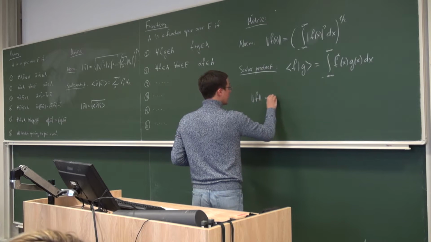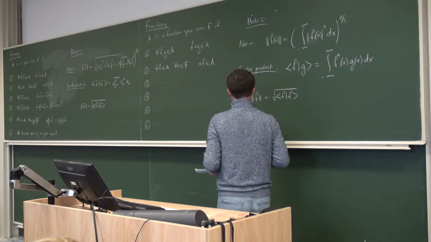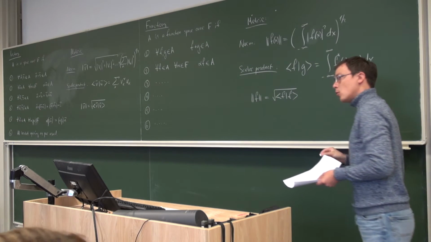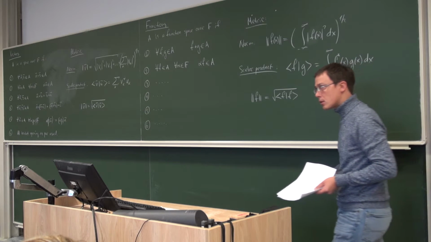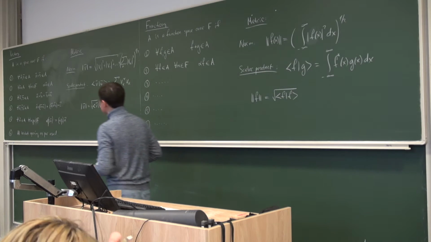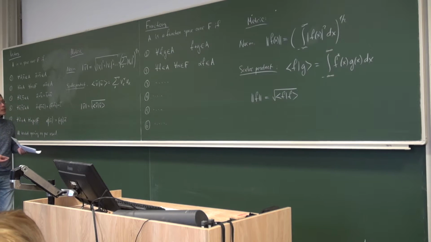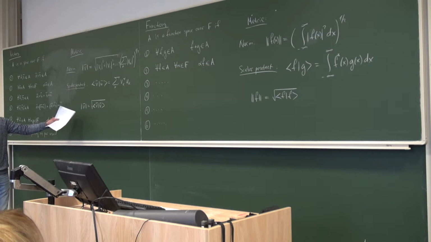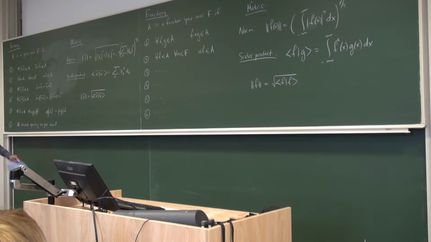Norm f is root of <f|f>. Notice how the notation actually becomes identical after a while. Once you introduce this bracket notation, the reason Dirac introduced this notation as he was developing quantum mechanics in 1920s or so, was that actually the algebra is copied virtually identically from vectors to functions.